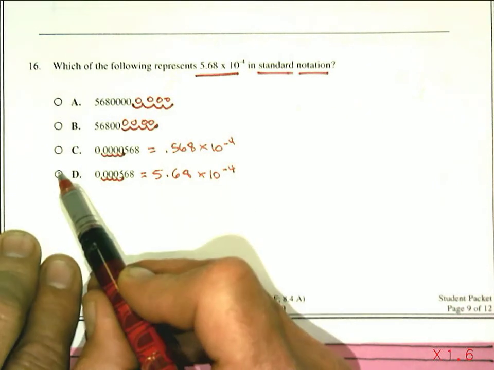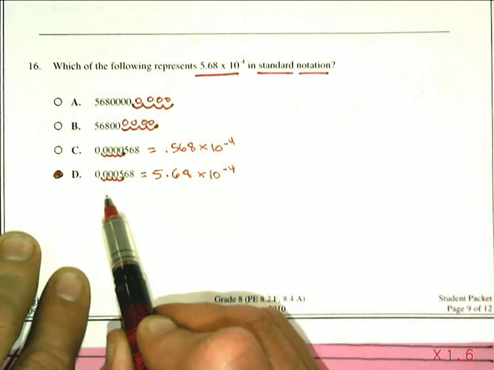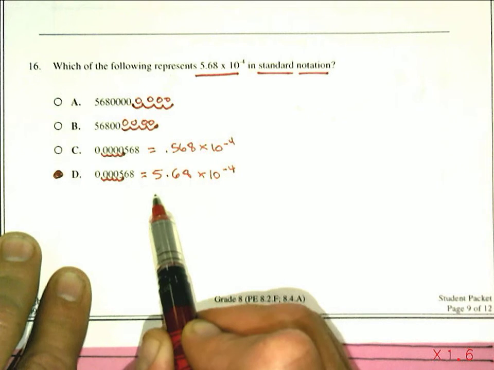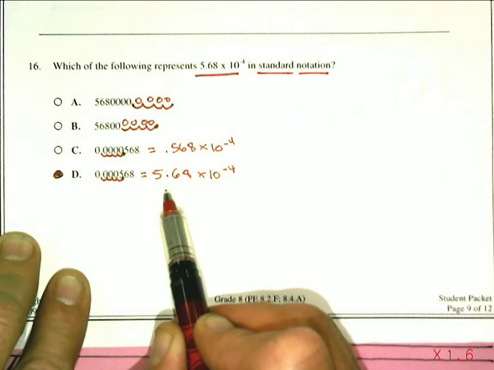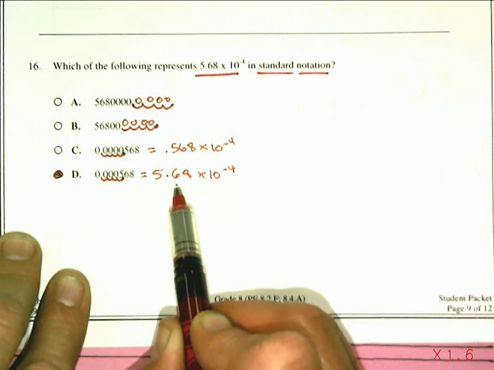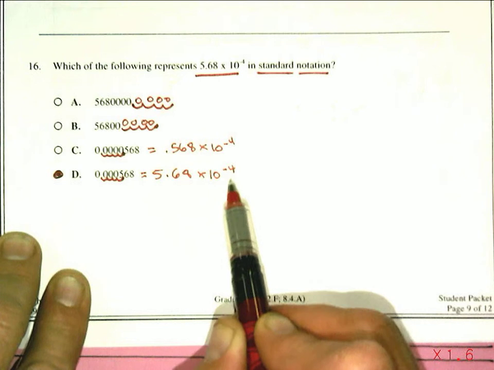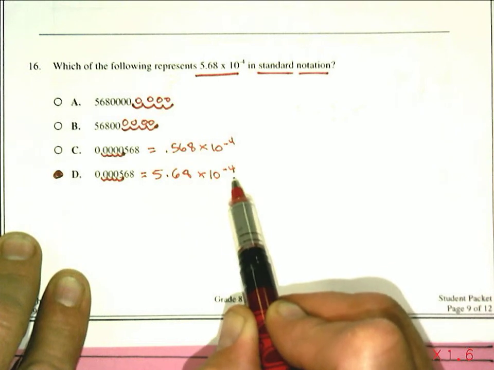So this is actually the correct answer in scientific notation for 0.000568. A small number made into scientific notation, one number in front of the decimal point, and then the exponent telling you how far we moved the decimal point.